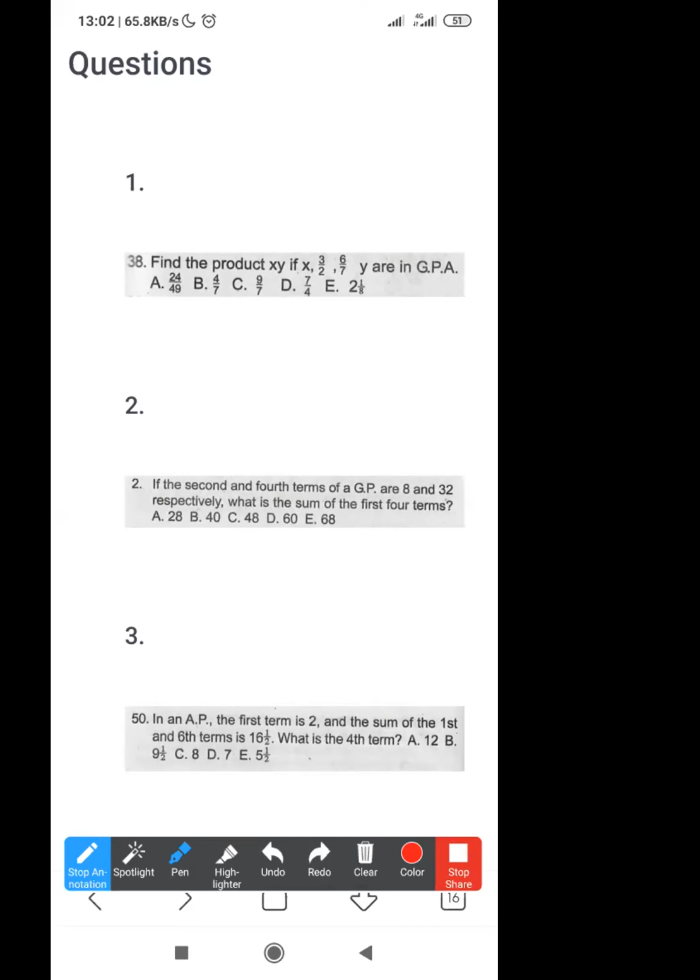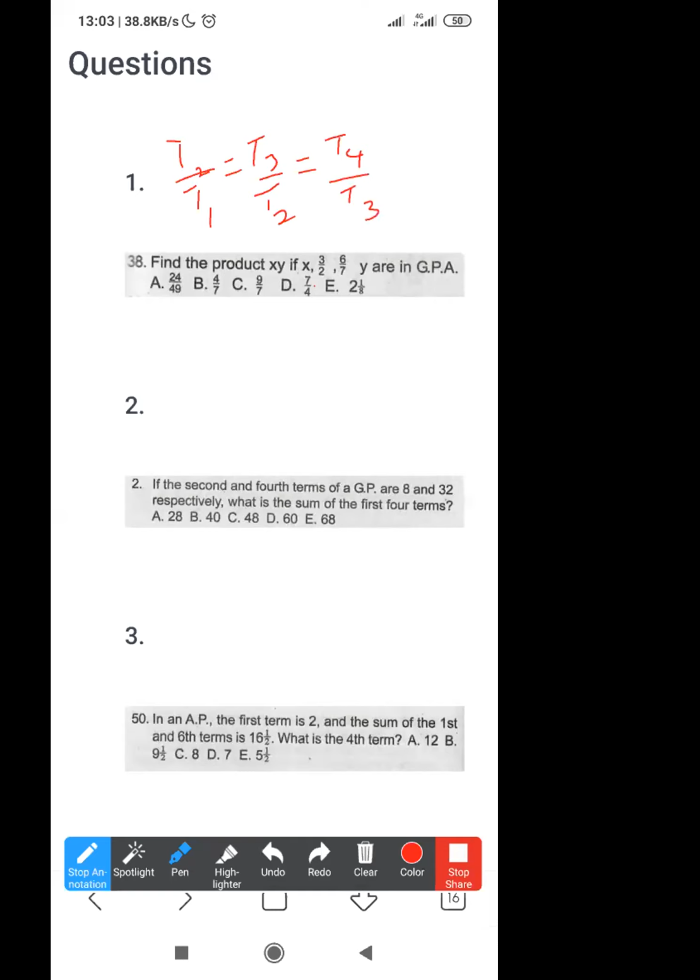So how do we do that? It depends. What they just want us to find is what? If you want to find our ratio here, we can say T2 over T1, or T3 over T2, or T4 over T3.